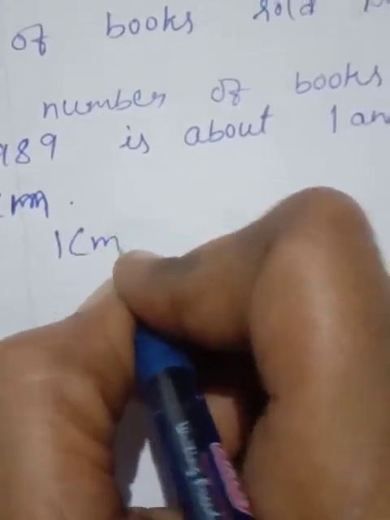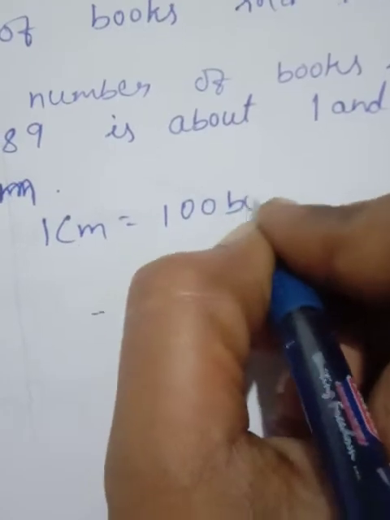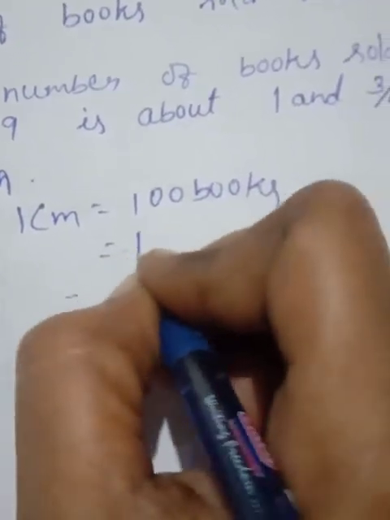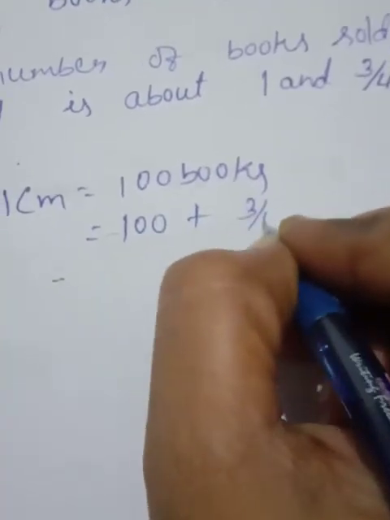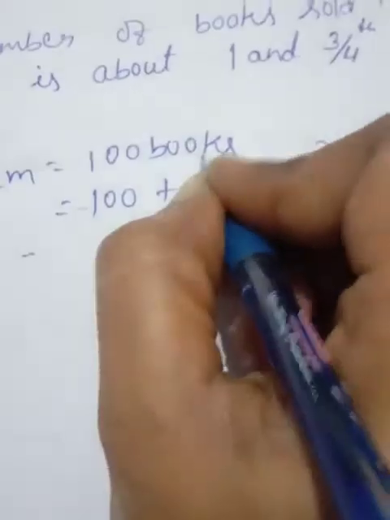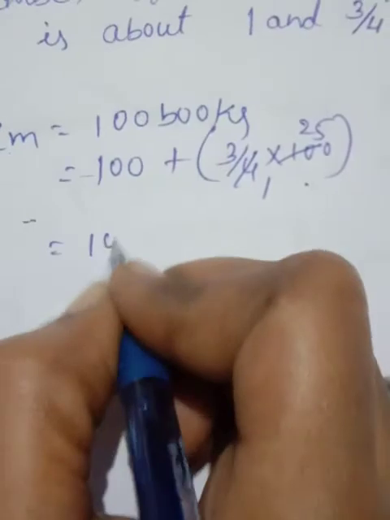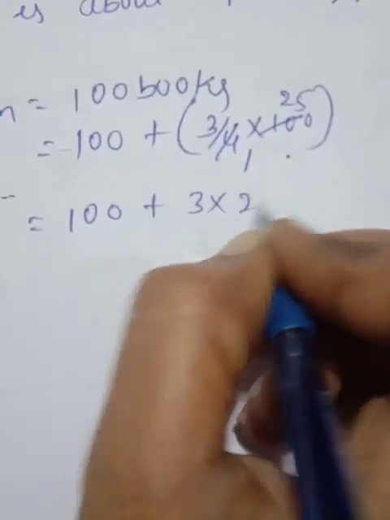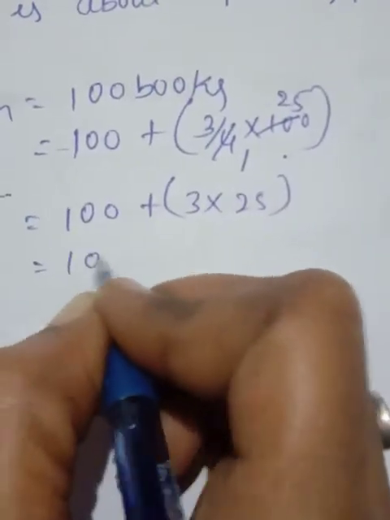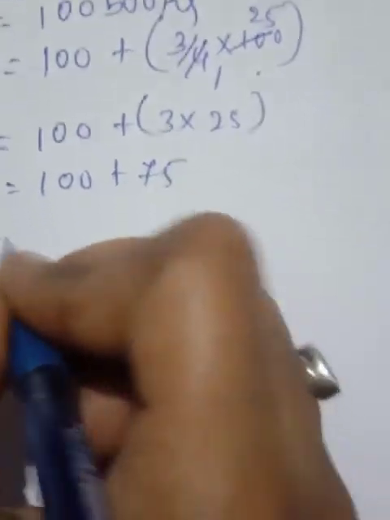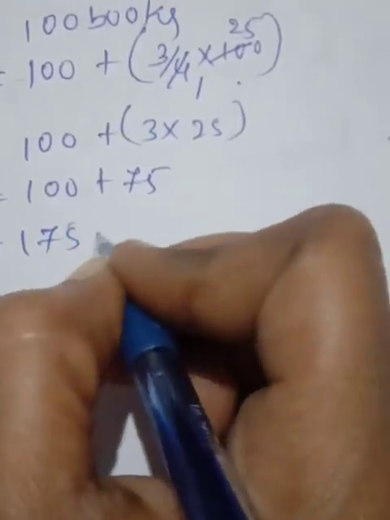Okay, 1 centimeter is equal to 100 books. That means 100 plus 3/4 into 100. 4 ones are 4, 25s are 100. Understood? 100 plus 3 into 25 is equal to 100 plus 75, which is equal to 175.